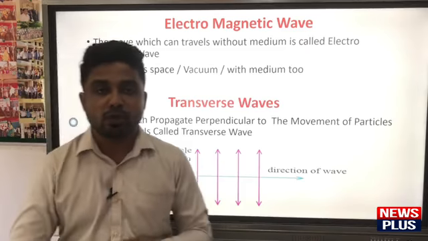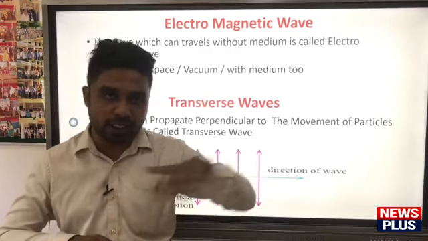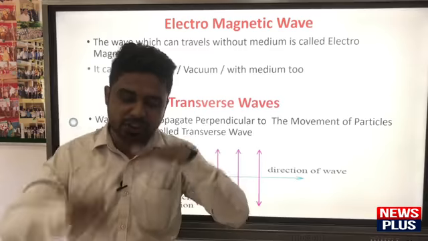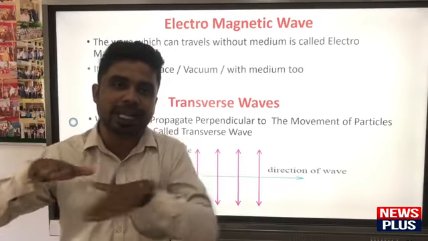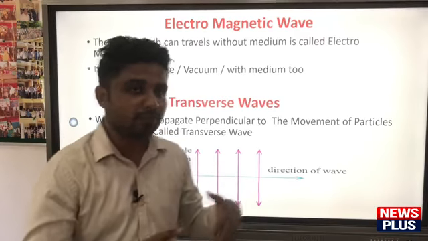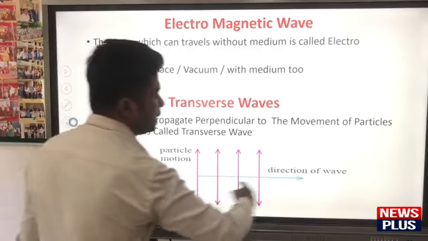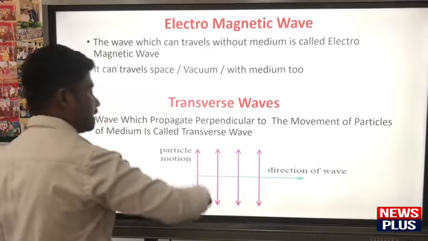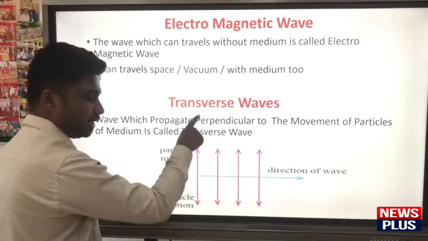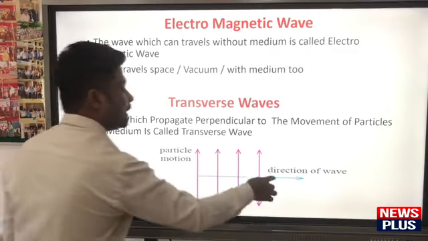Transverse wave means when the wave moves this way, the particles of that medium move perpendicular to that movement. For example, if you look at this one, the wave moves this side and the particles are vibrating or disturbed perpendicular.